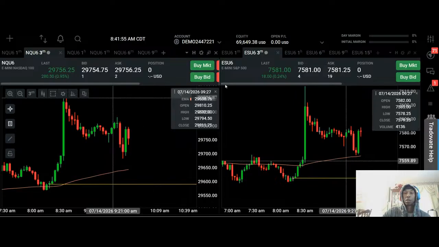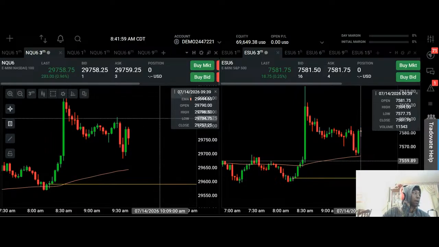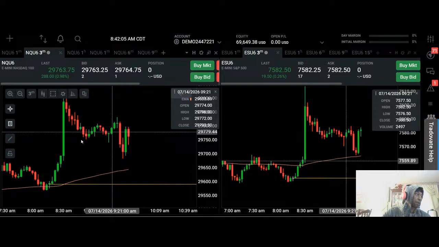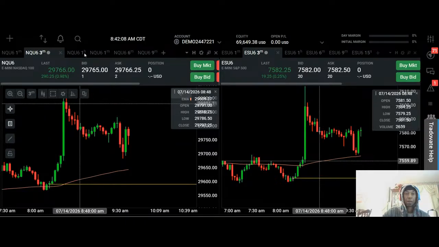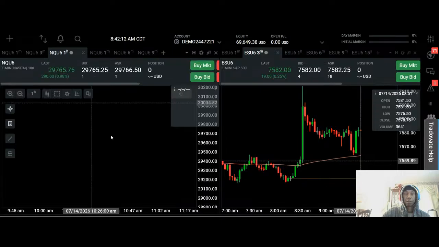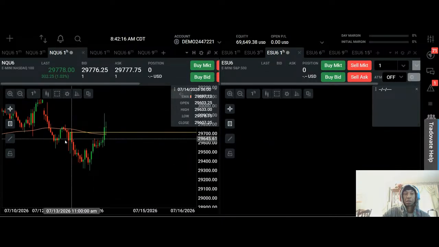Right now, we're still chilling on the 3 minute. There is nothing that I am interested in. There might be something to the left that this is sitting in, maybe a fair value gap or something on the 15 minute. I don't know. I'll check the hour real quick. The hour has swept these highs right here.